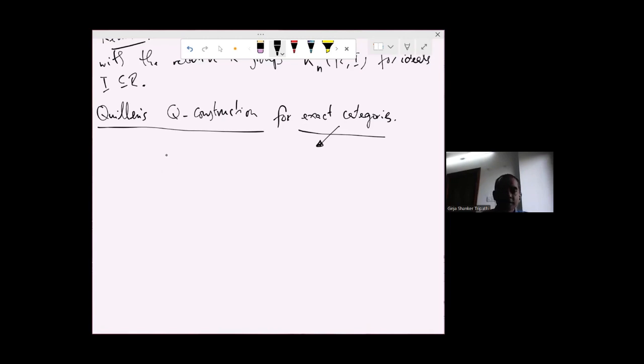So for us, an exact category would be an additive category which we take as embedded as a full additive subcategory in some abelian category, and also as extension closed.